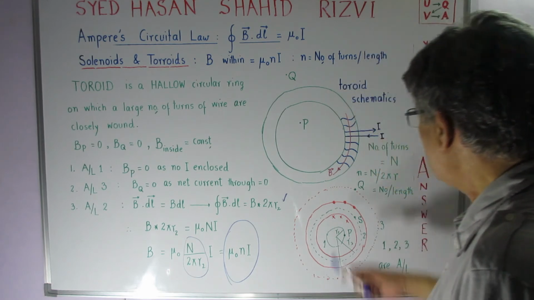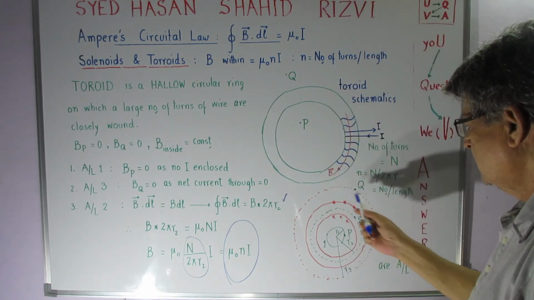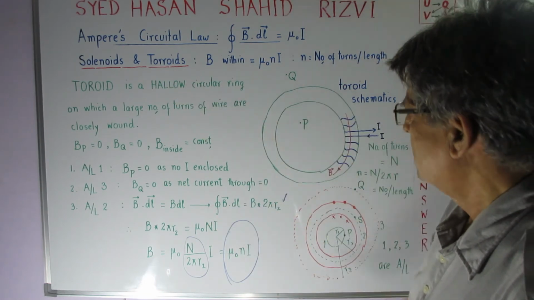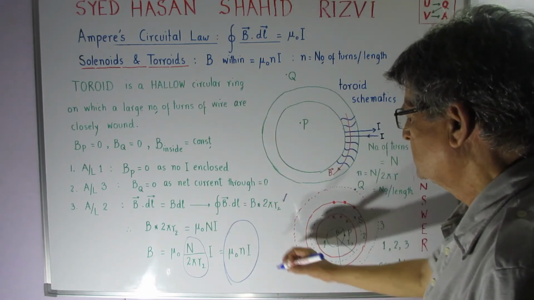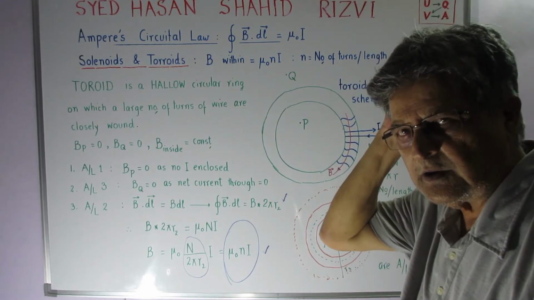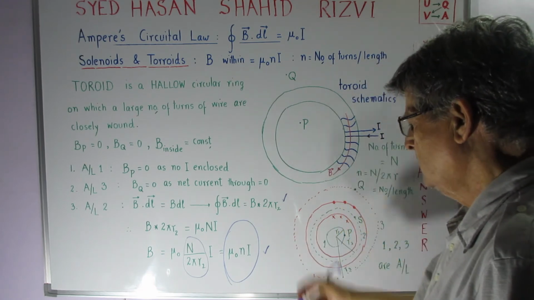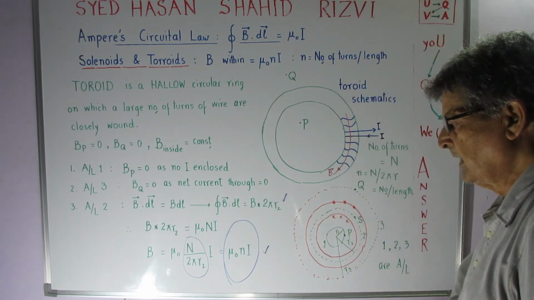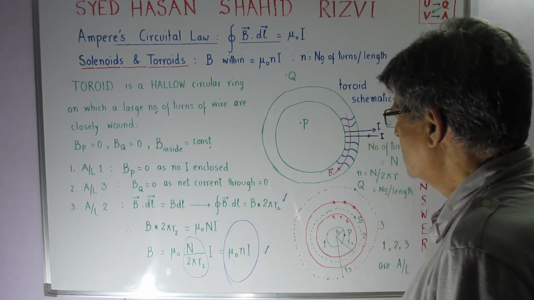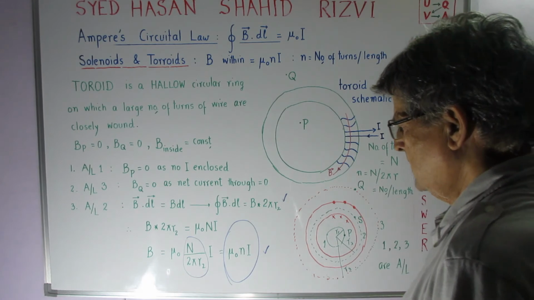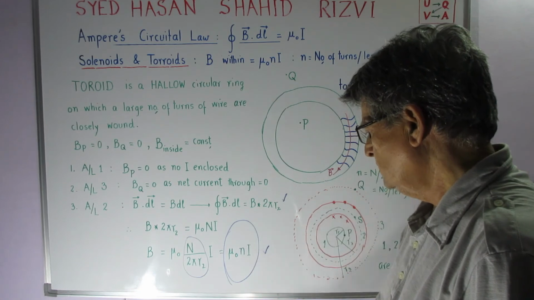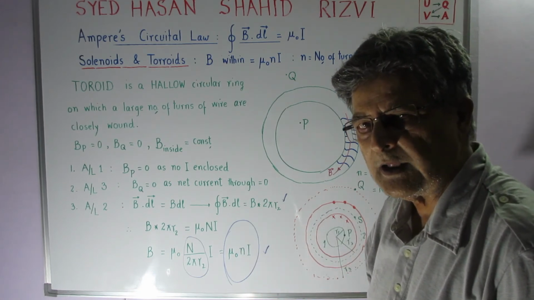The schematic for the toroid is appearing over there, and you can see for yourself that the toroid as well as the straight solenoid have a magnetic field which is confined inside, equal to μ0 n I. Naturally B is proportional to I, and B is also proportional to the number of turns per unit length.